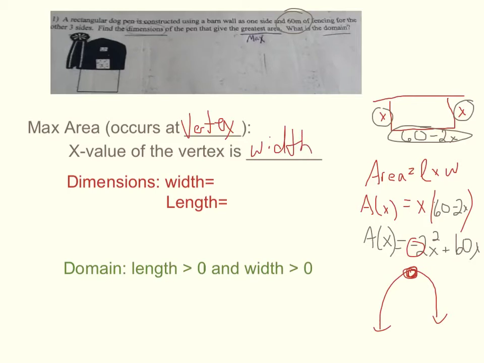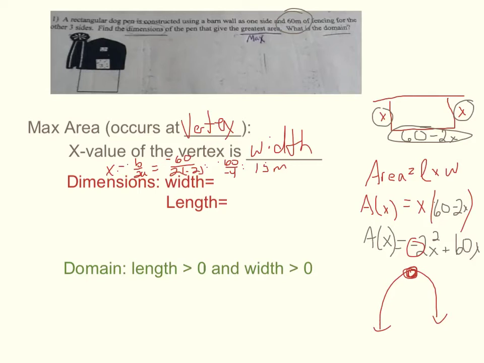We know how to find the x value of the vertex: negative b divided by 2a. That's negative 60 over 2 times negative 2, which is negative 60 over negative 4. That's positive 15 meters. The value of x at the vertex that gives us maximum area is 15 meters.